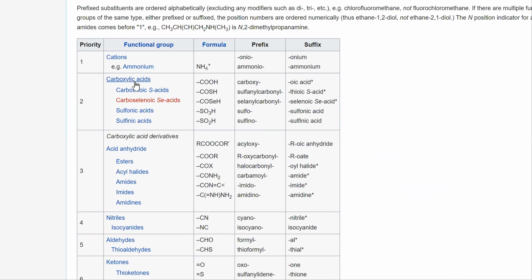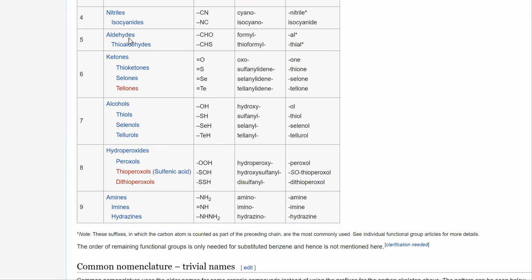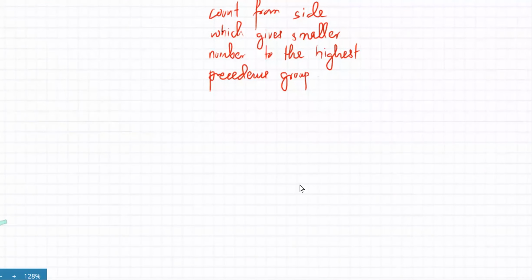So carboxylic acids, nitriles, aldehydes, ketones, alcohols, and amines. These are the ones that we're going to study. So I'm going to write the precedence order. Carboxylic acids are the most important group, so you start off with carboxylic acids.